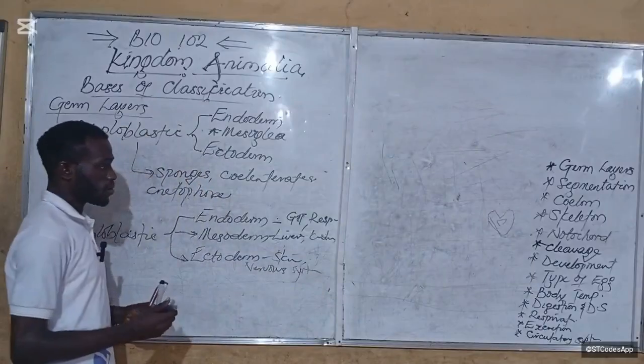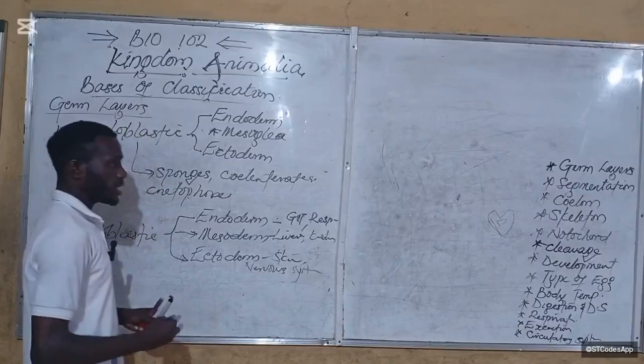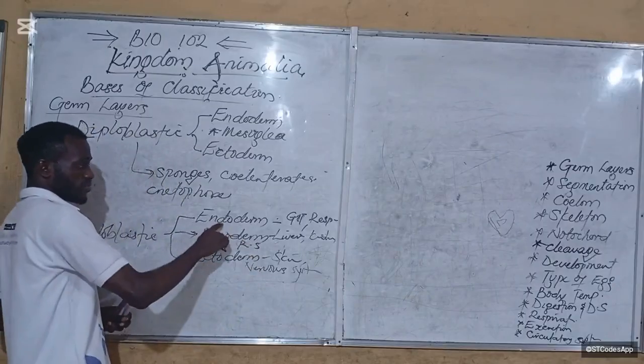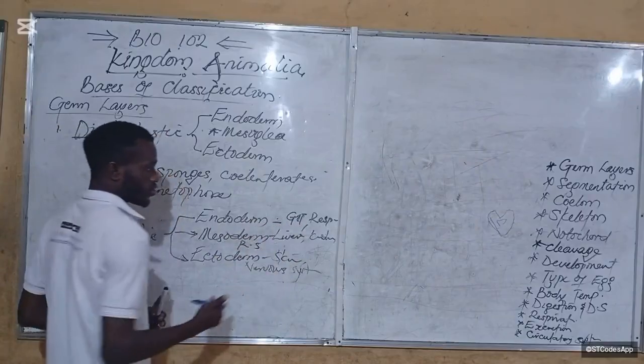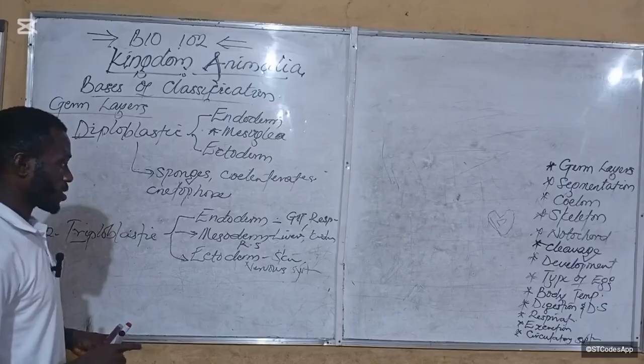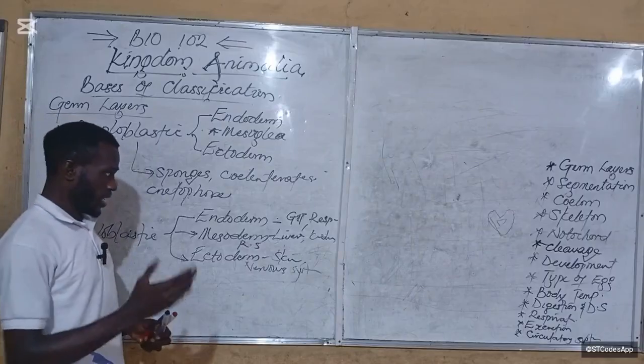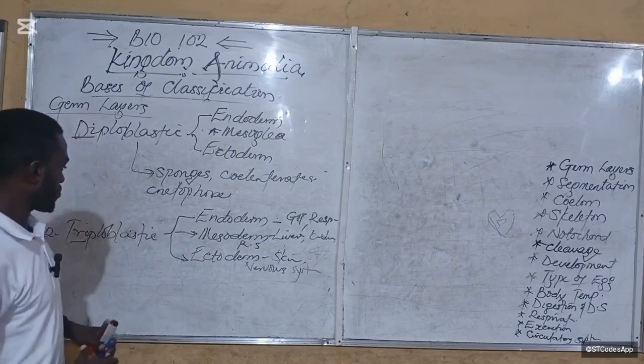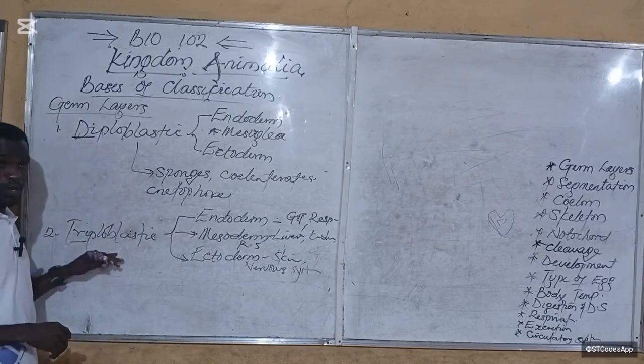So mesoderm forms liver, kidney, reproductive system, while the endoderm forms the GIT, the respiratory system. So that is about triploblastic organisms.